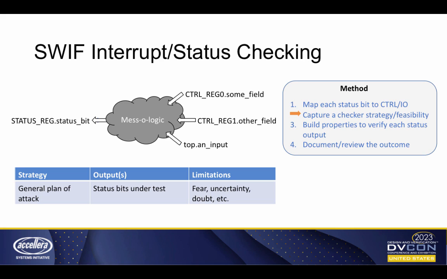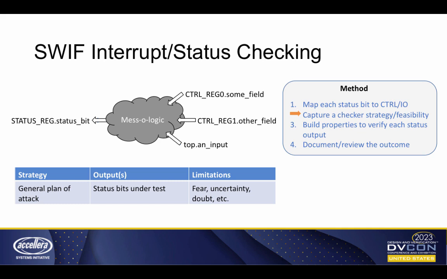Next, noting the dependency on that, you now want to look through and understand the relationship between the different control registers and top level I/O and the status bit. So more or less, you're visualizing a little model here for how those inputs feed into and relate and control the state of the status bit.